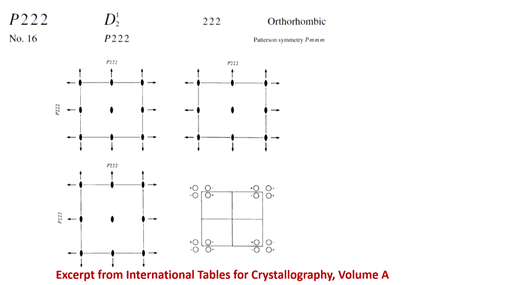This is the P222 space group, and here essentially we do not have any unique axis. So, we will just call this A, this is B, and the C axis is perpendicular, and one can see how the general positions are distributed.